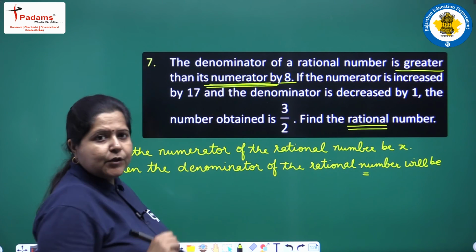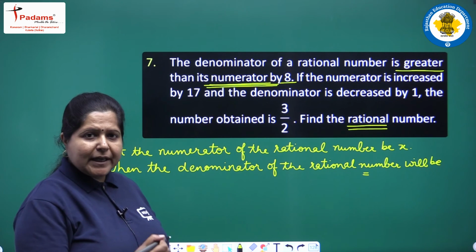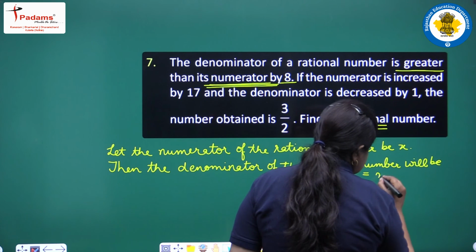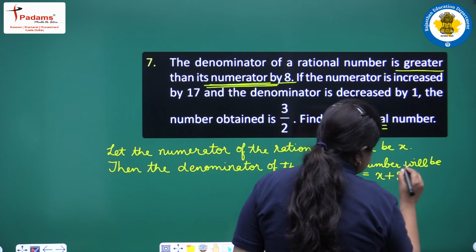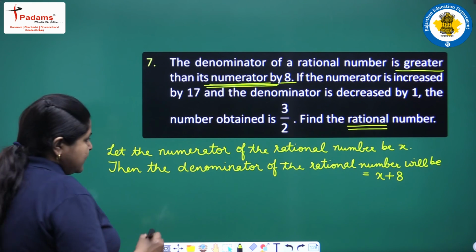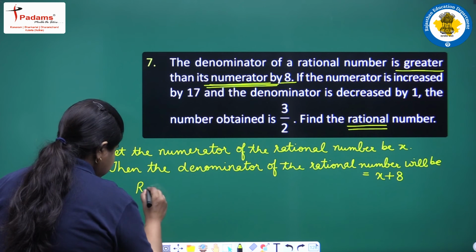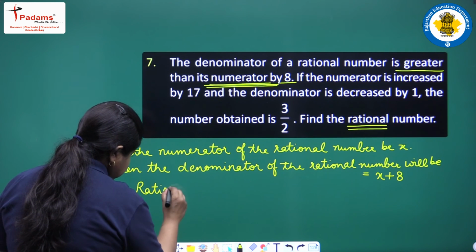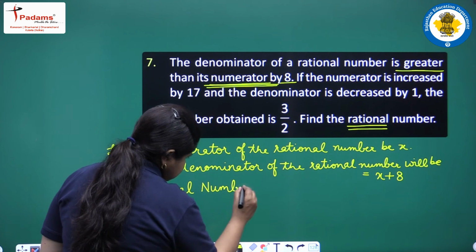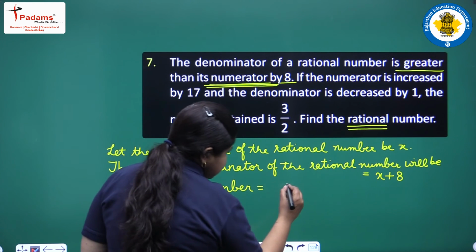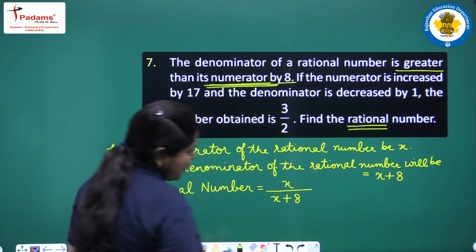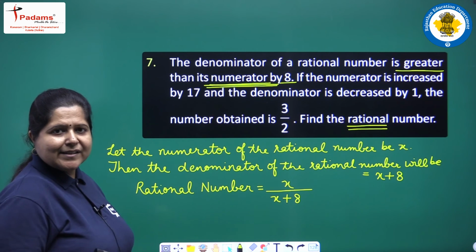That is, if the numerator is x, then the denominator will be greater than x by 8. This means it will be x plus 8. For greater we will put up plus sign. So, x plus 8. So, the rational number now is x is the numerator and x plus 8 is the denominator. So, this is the rational number.